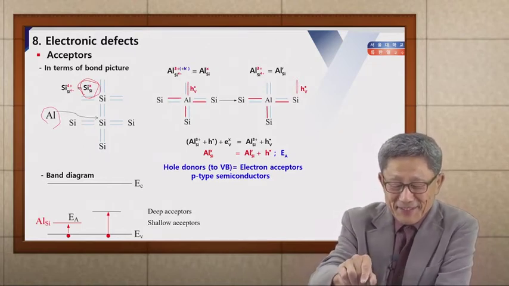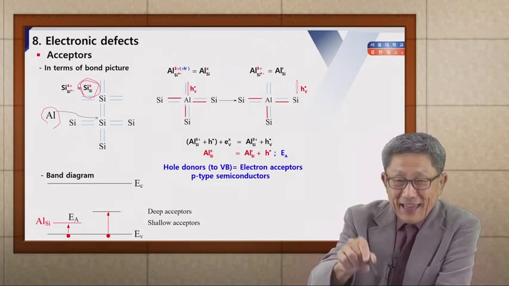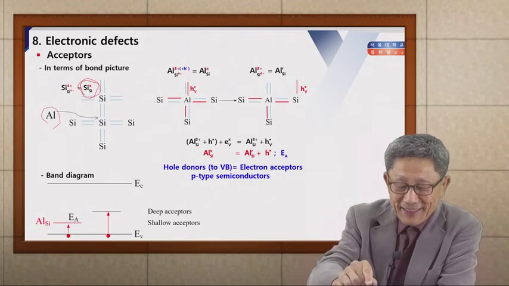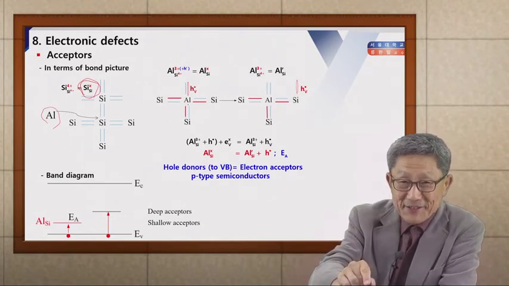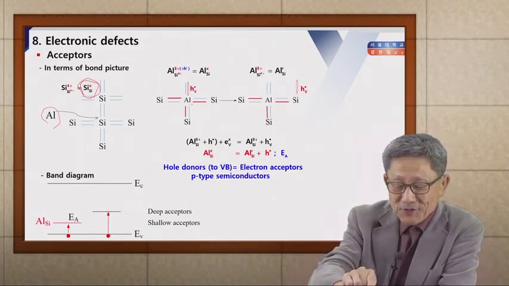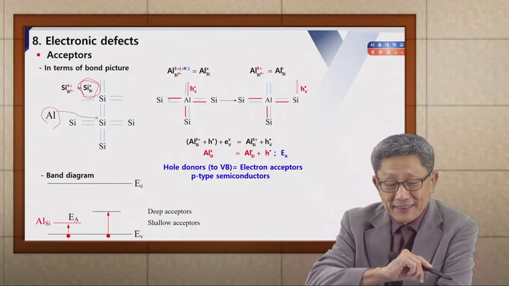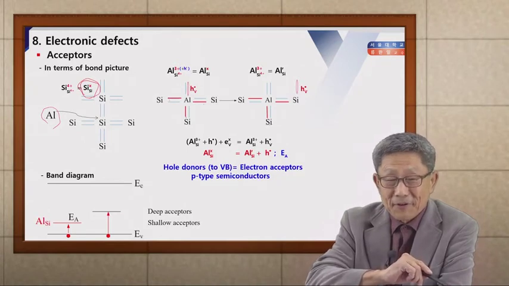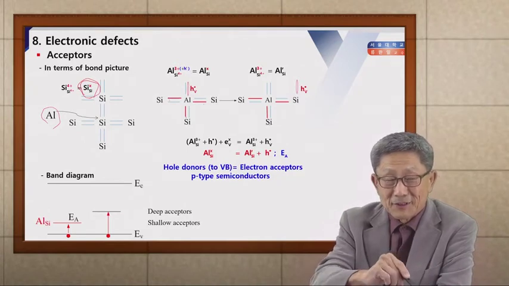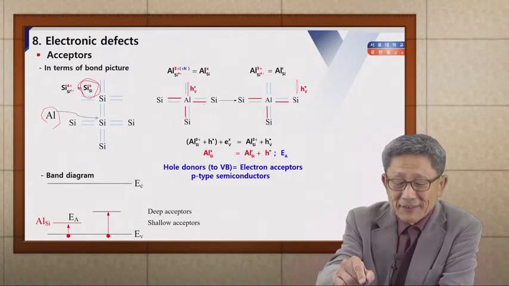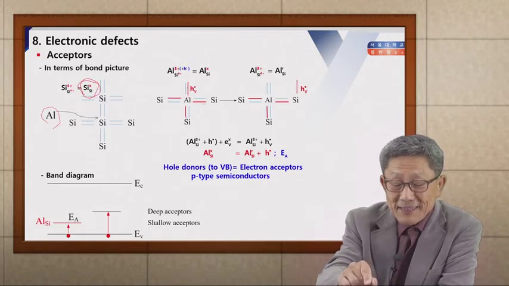Have a look. Aluminum has 3 electrons outside. Now this aluminum on the silicon site donates electrons to make this bond, and the second electron here, third electron here. Oh, that's it. Aluminum has no more electrons to donate to make the bond. So it has an empty electron site. What is this?